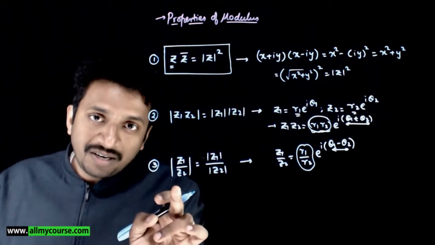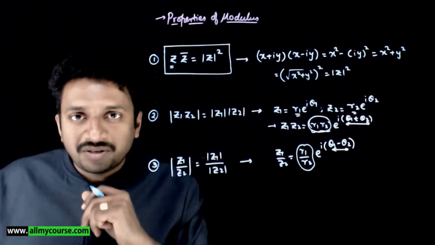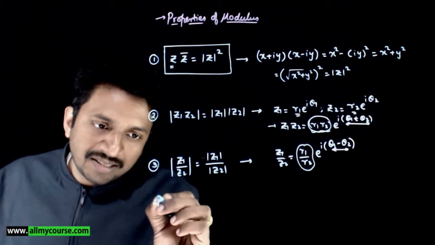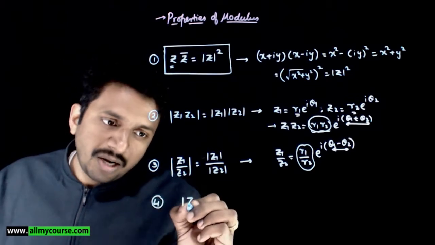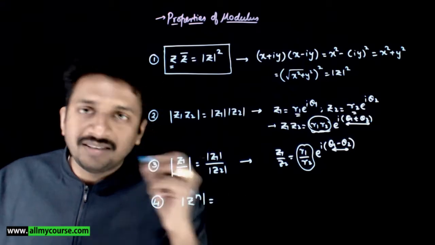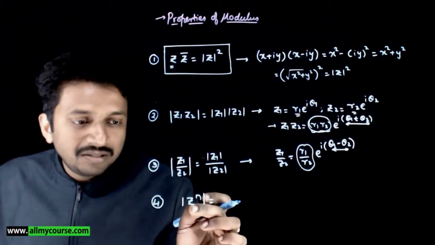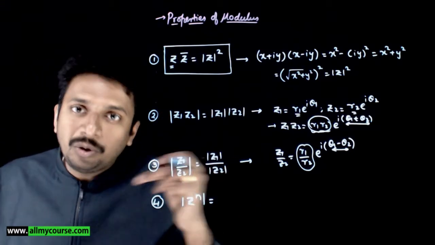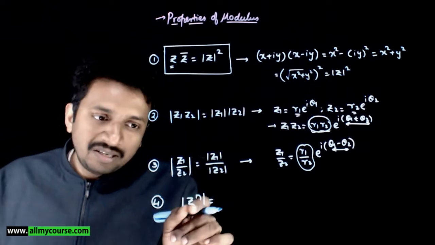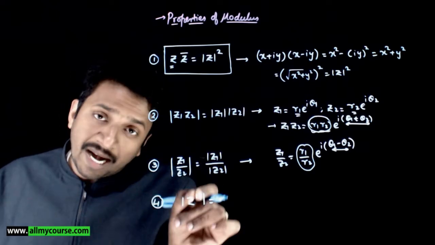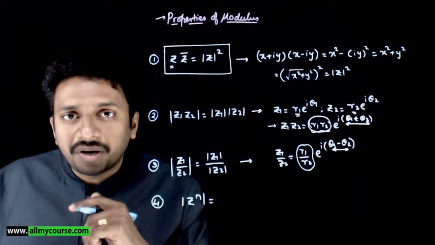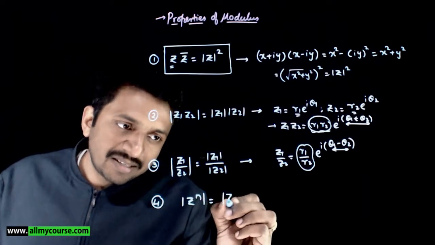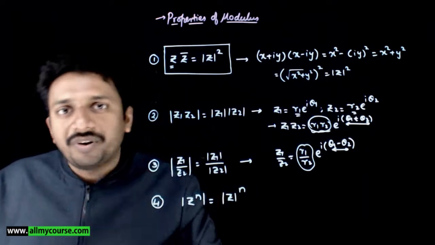So mod of z1 by z2 is mod z1 by mod z2. And a similar property is mod of z power n. If you raise z to something like the power 100 and take the mod, this will be exactly the same as mod z whole power n.